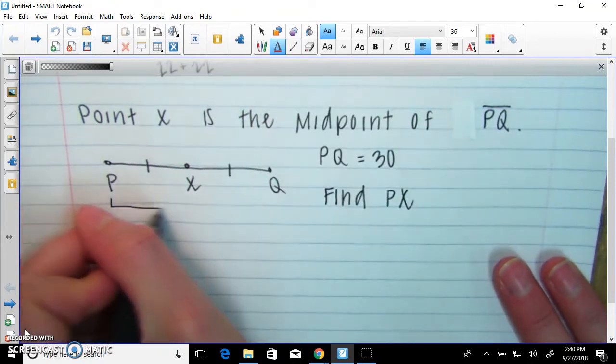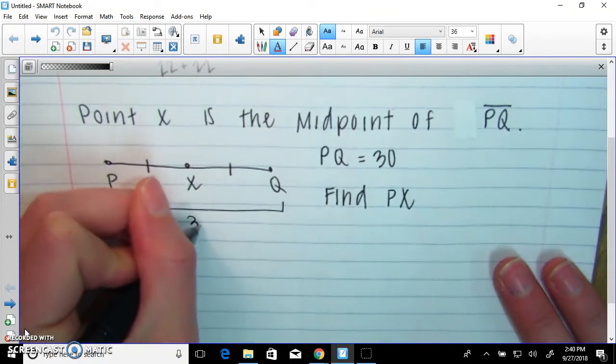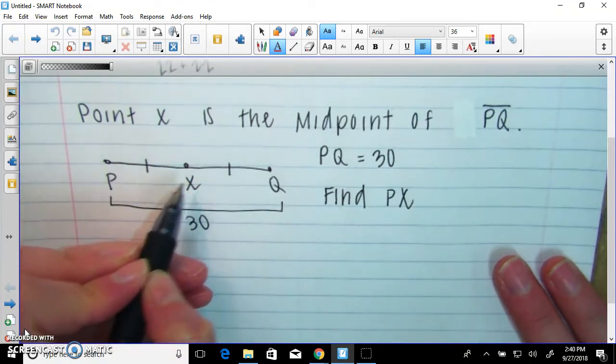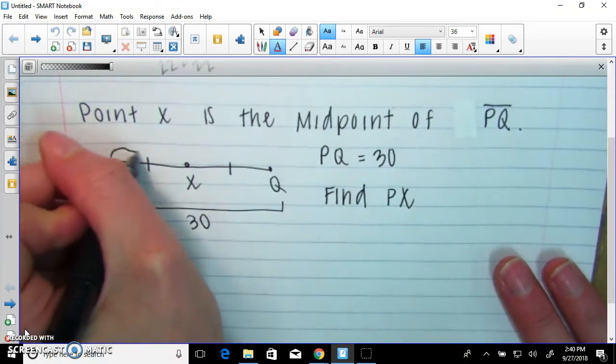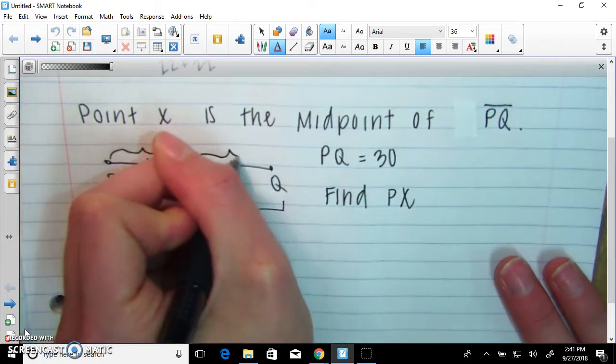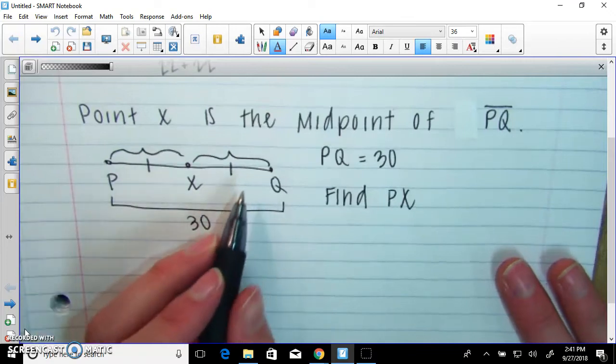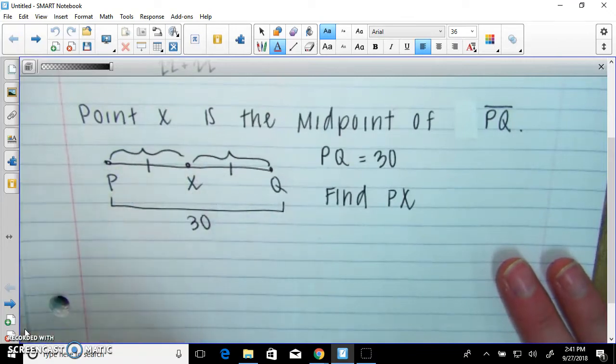Well, if we know that PQ is equal to 30, how could we find PX? Well, we said that PX and XQ are congruent, aren't they? So whatever 30 divided by 2 would give us this value. So you could think about it a couple ways.